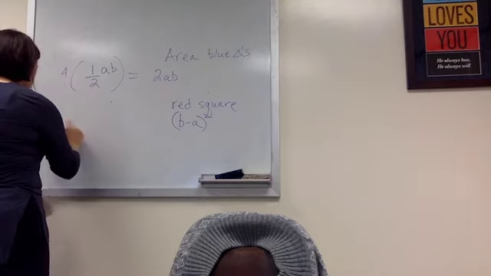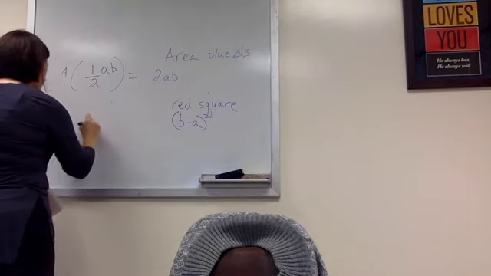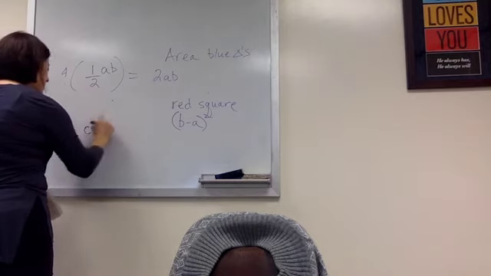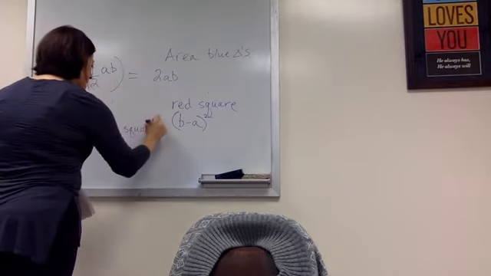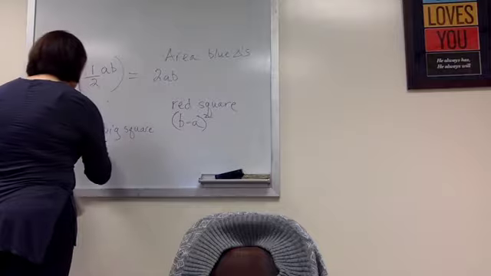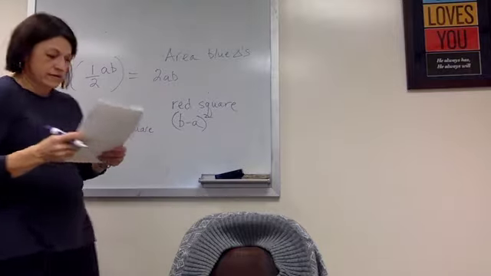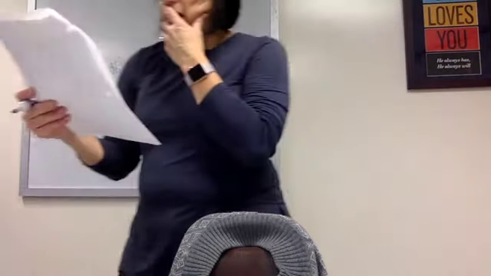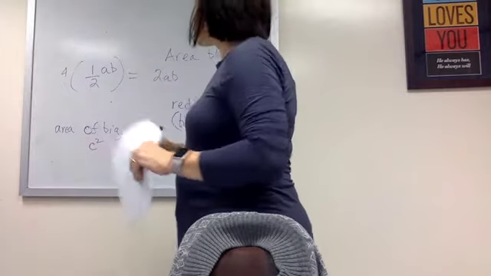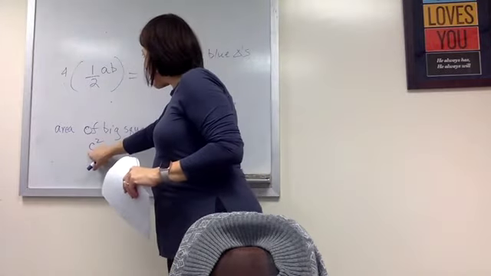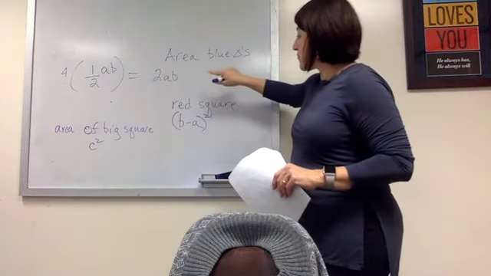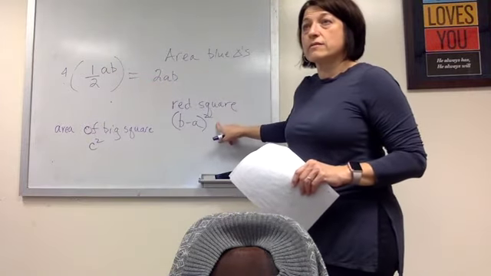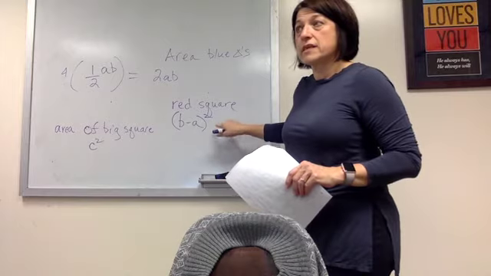C squared. The area of the big square is equal to C squared. So what we want to say is that the area of the big square minus the 4 blue triangles is going to equal the little red square. Does that make sense?